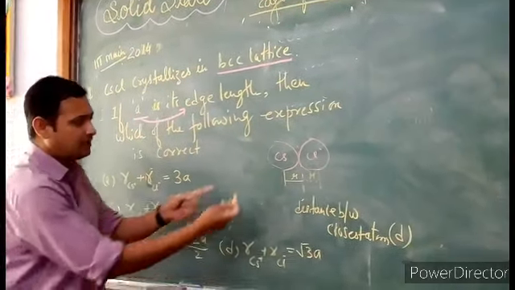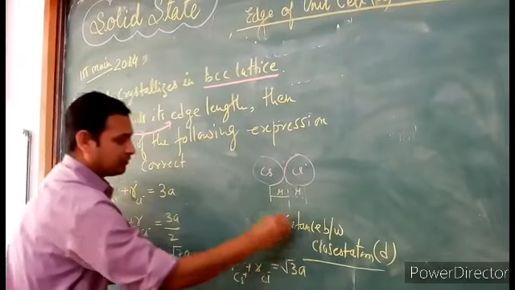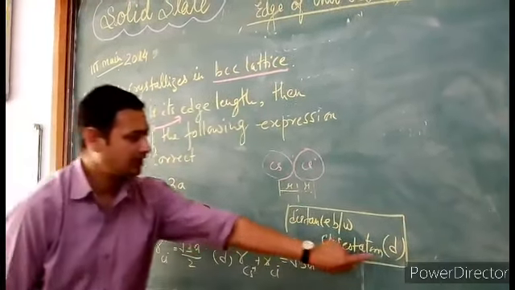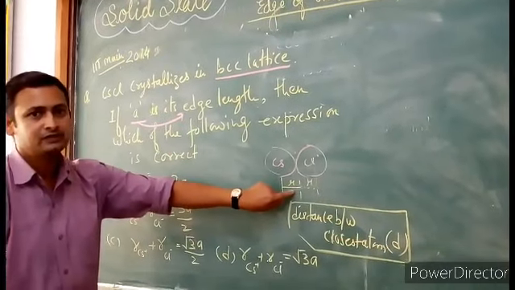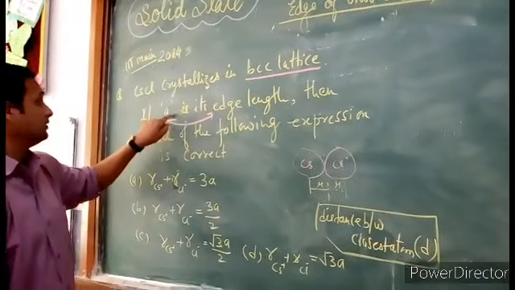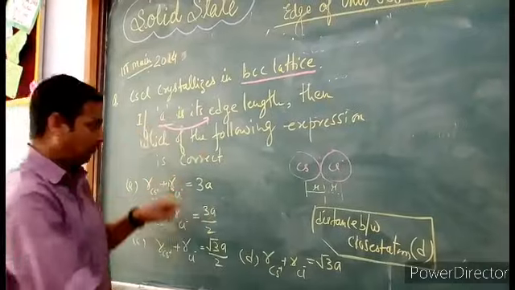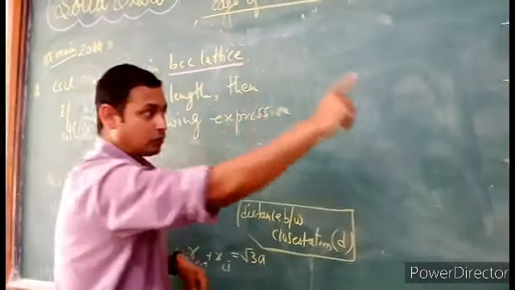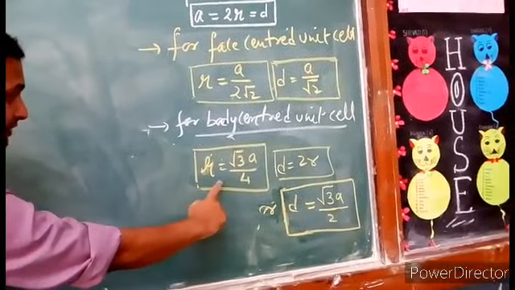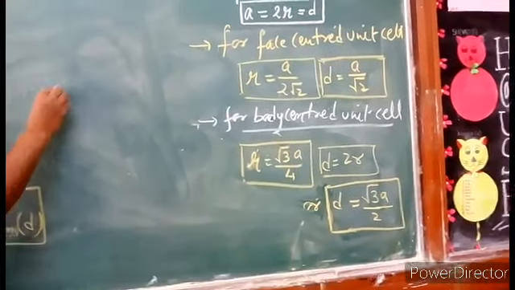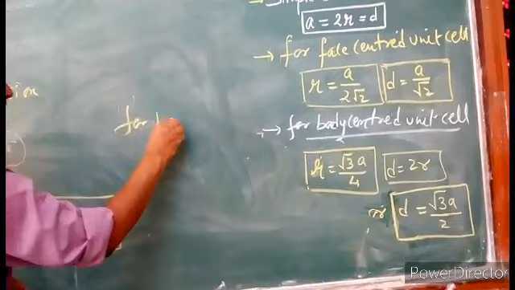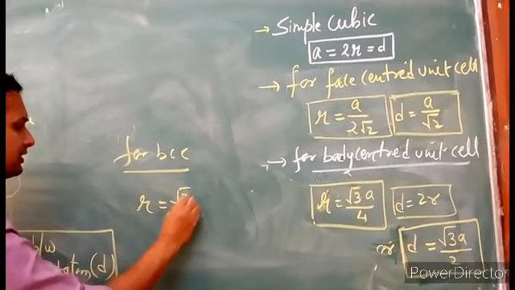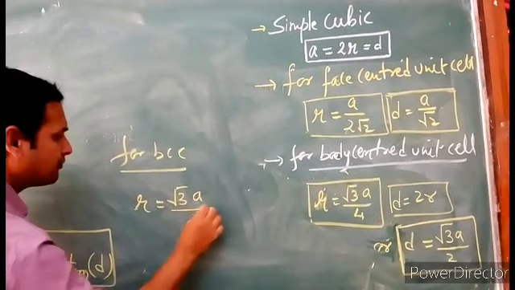D is what has actually been asked. Distance between the closest atoms will be 2 times the radius. And how is radius related to A? For BCC, we all know, radius is root 3A by 4.